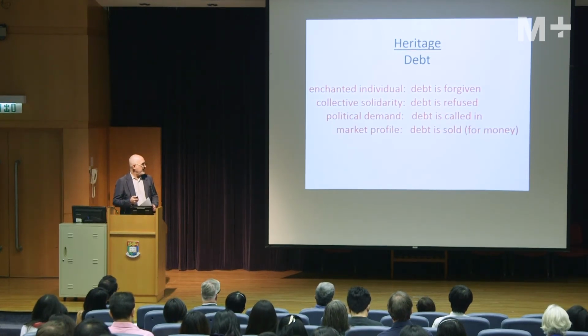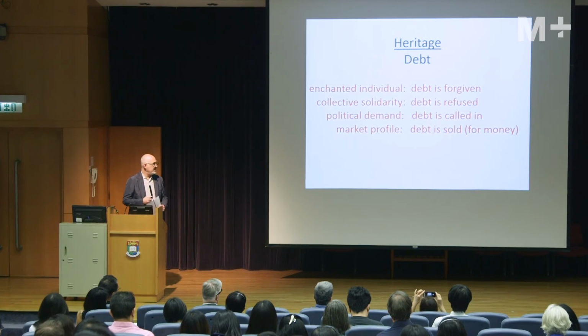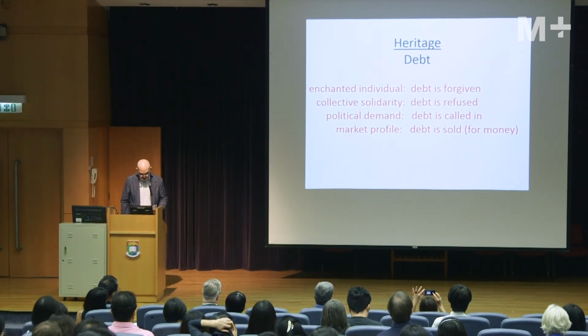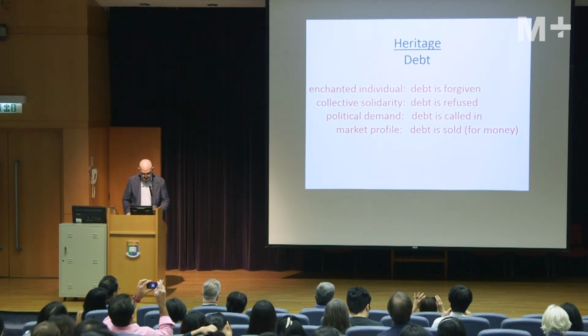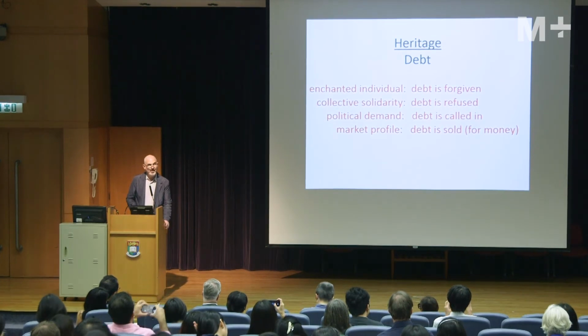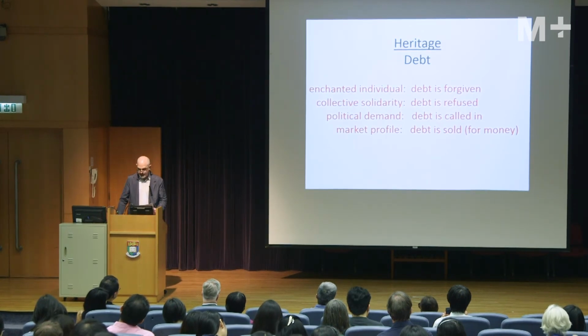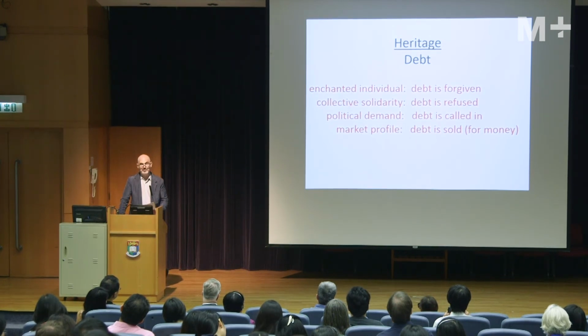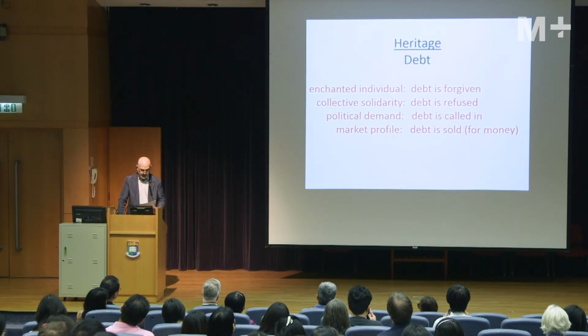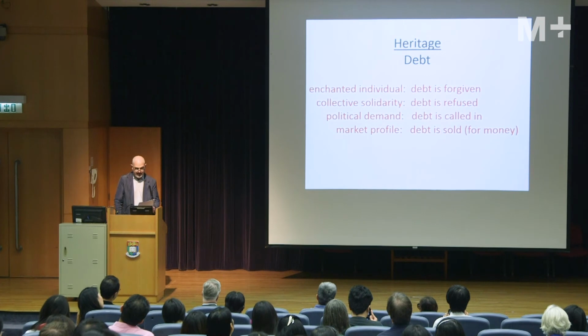In terms of market profile, and here I rely on my not very solid understanding of sophisticated finance. It is strange to think, when you're not in finance, that the notion of debt can be sold, but in fact that is precisely what happens today in the packaging and redistribution of debt that defines advanced financial commodities like securitization.